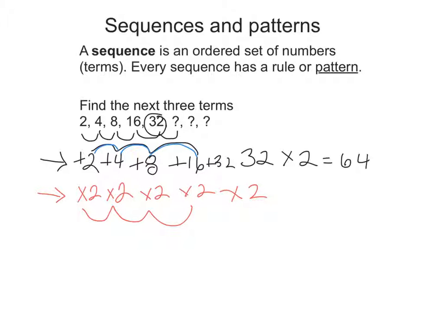If I take this and continue my addition pattern, I would go back to the term that I stopped at, and I would say 32 plus 32, which also gives me 64. So either way, I come up with the next correct term in the sequence. Now that we understand the pattern or the rule, let's figure out the last two terms.